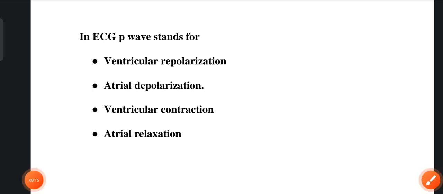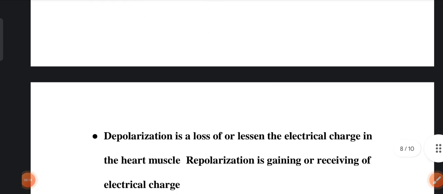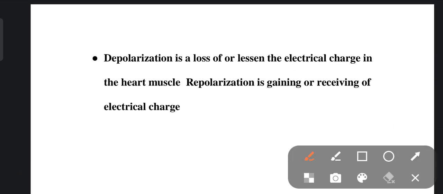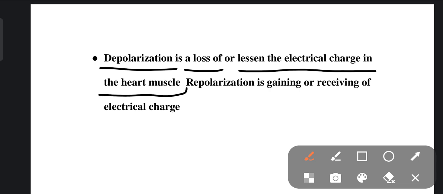So let's see what depolarization and repolarization are. The first one is depolarization. Depolarization is nothing but a loss or lessening of the electrical charge in the heart muscle. After taking the electrical impulses, for some time they will lose the electrical impulses. Why? Because the electrical impulses pass all over the heart, that is the atrium and ventricle.